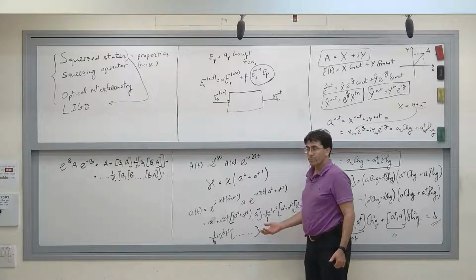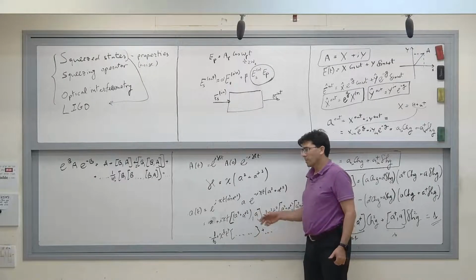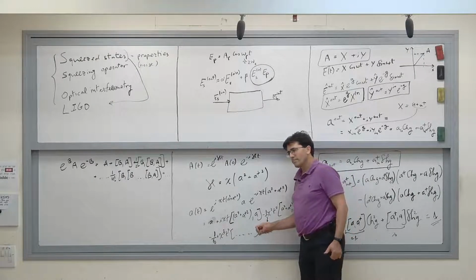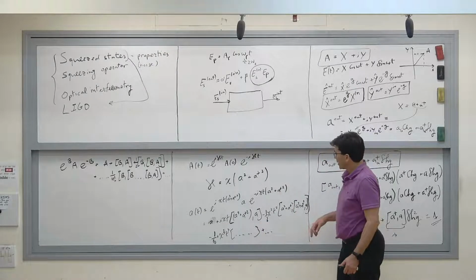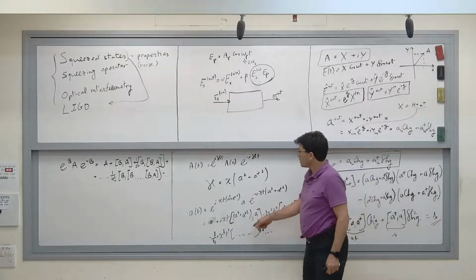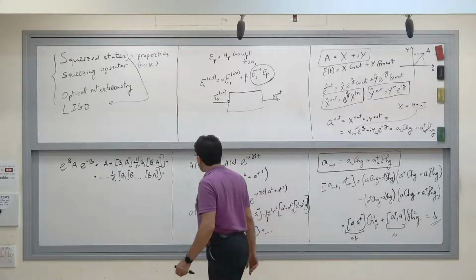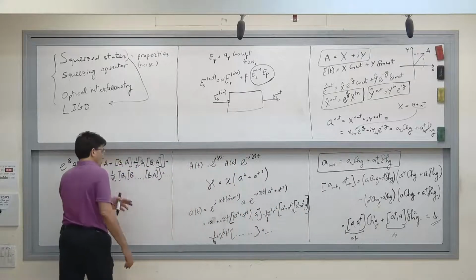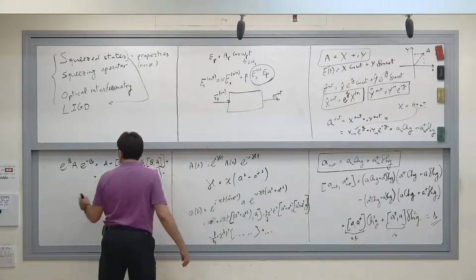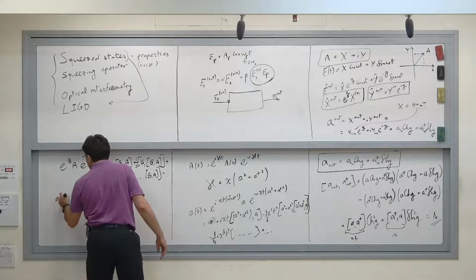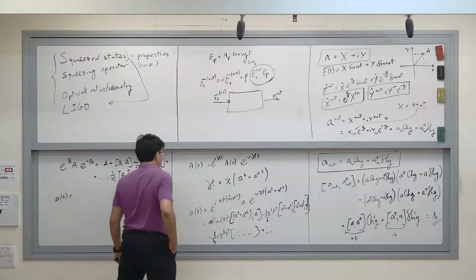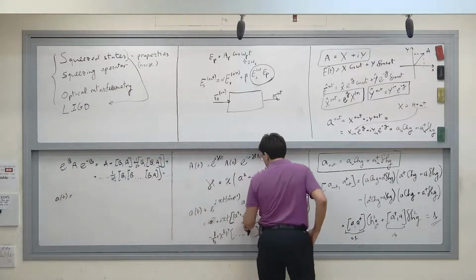With the minus? I don't remember. It just makes sense. Well, because the commutator, so here, we're using this. So A of t equals, let's see.